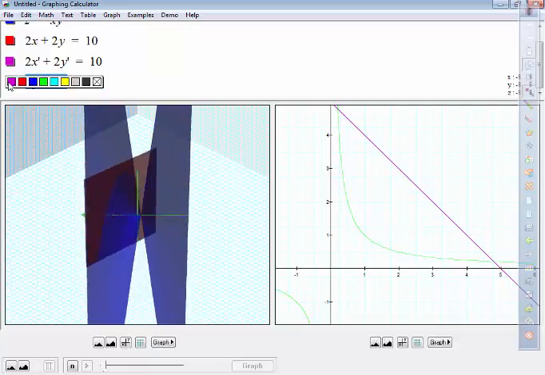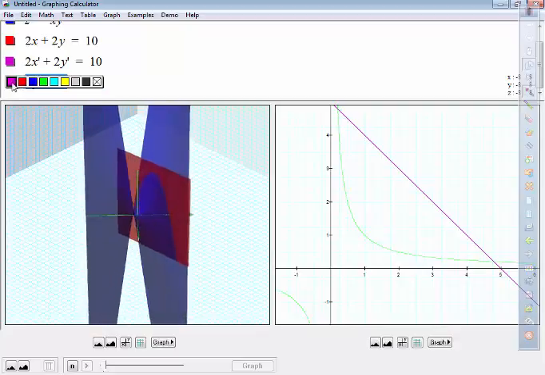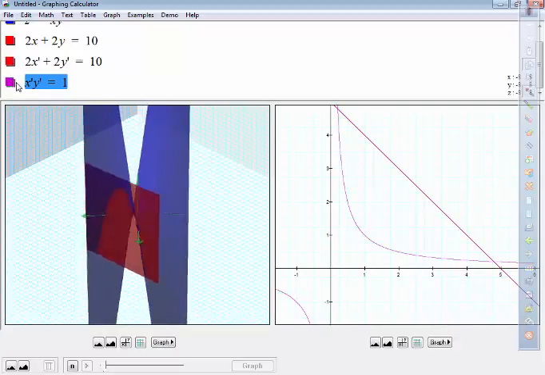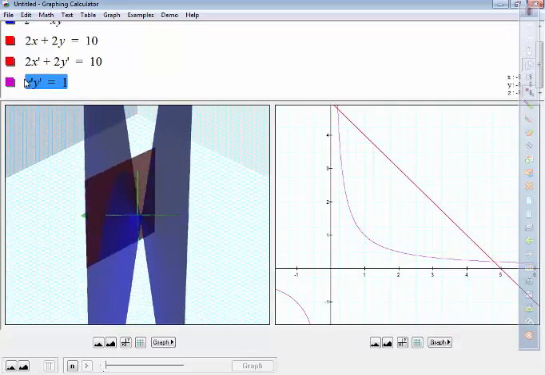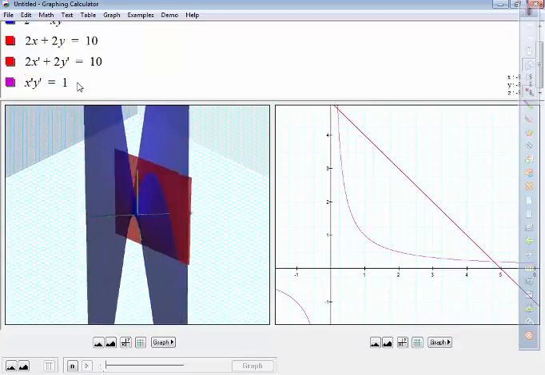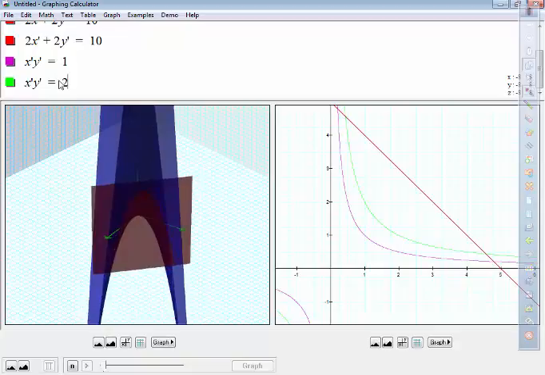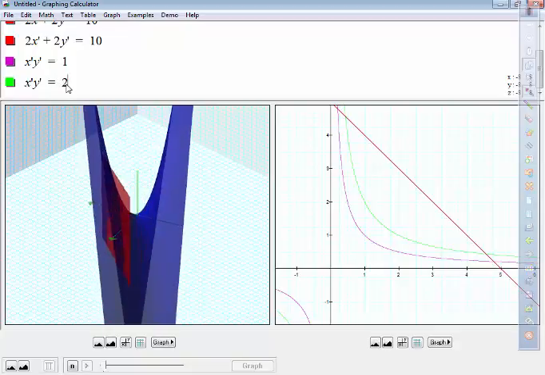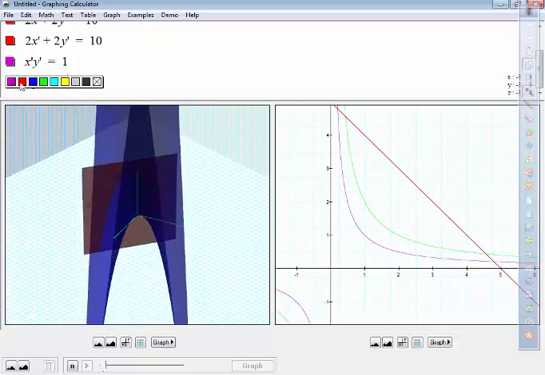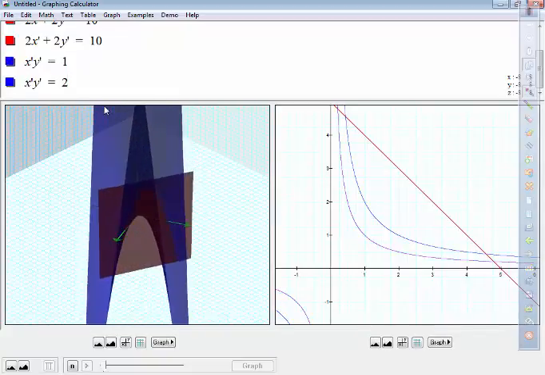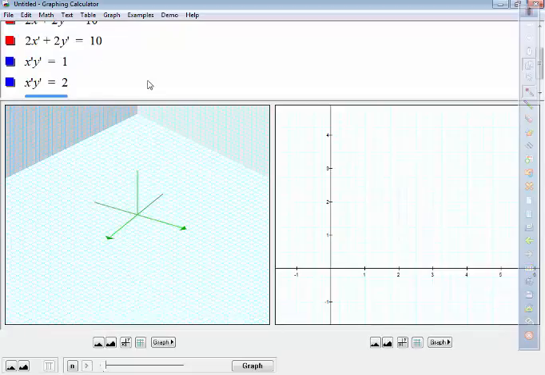Can you guys see? Let's do 2. Let's do 4.